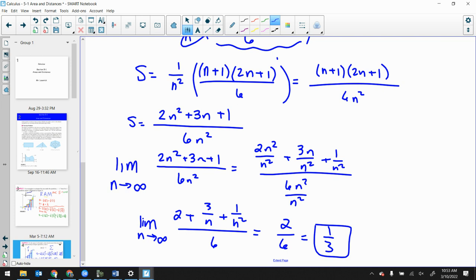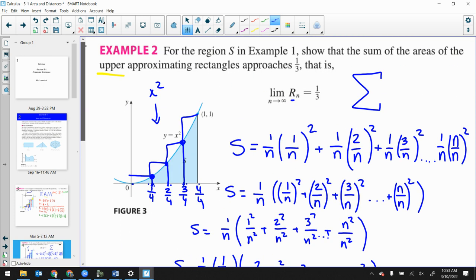Let me show you something. What function were we working with at the very beginning? X squared, right? What's the antiderivative of x squared? X to the third divided by 3. We found the sum between 0 and 1.